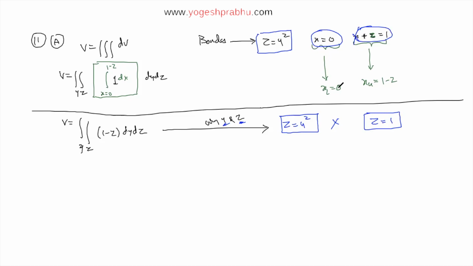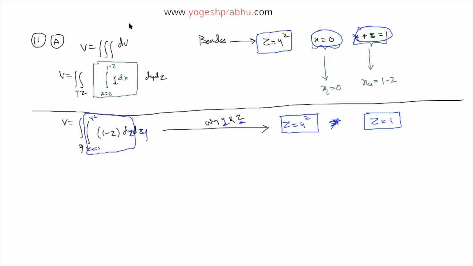Get rid of X. So the next limits are Z from 1 to Y square. Whichever way you write is fine. And we'll integrate dz first, dy later.